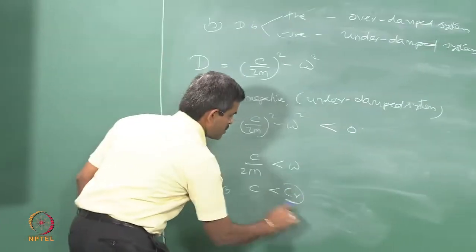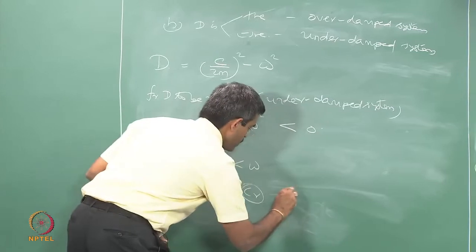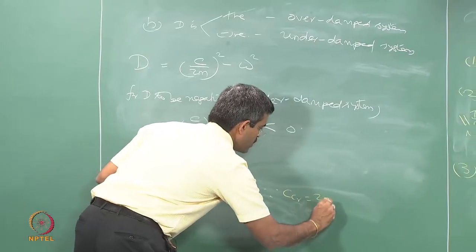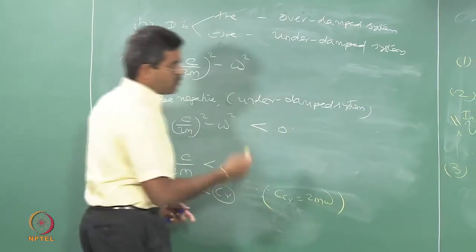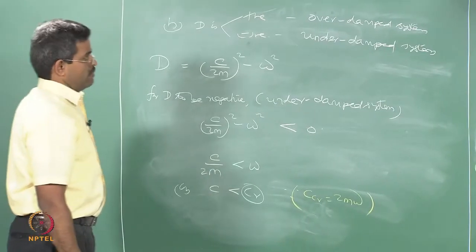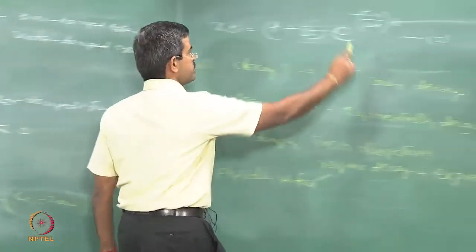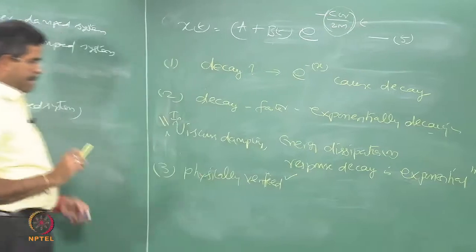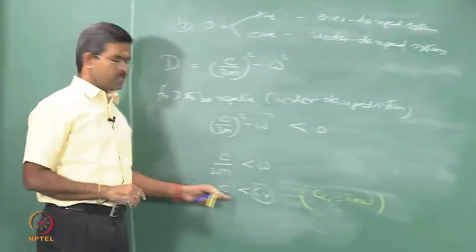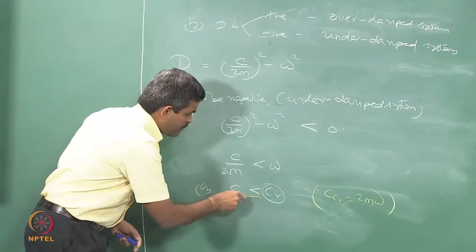Why? Because C_cr, we already know this, we wrote it somewhere, no? So, C is less than C_cr, that is why it is called an underdamped system.